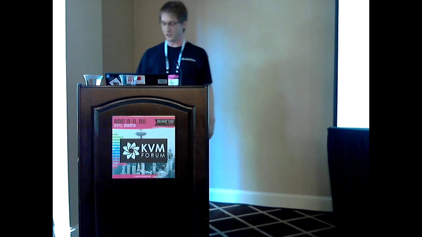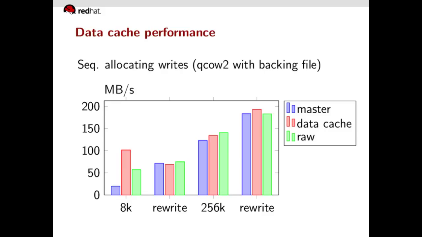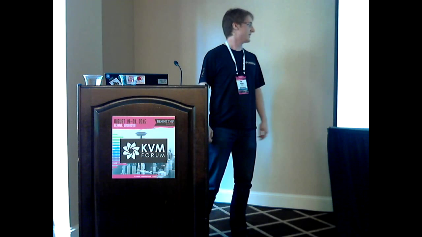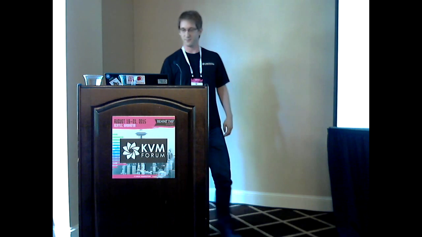So that actually seems to help a lot for me. As you can see, for rewrite, it doesn't make a big difference. Actually, it shouldn't make any difference. That's not really significant what we can see there. But for the small writes, we can see that it makes a huge difference.